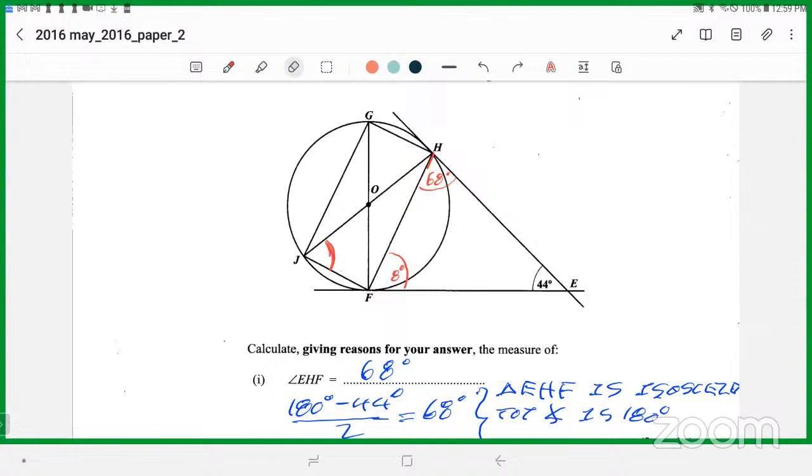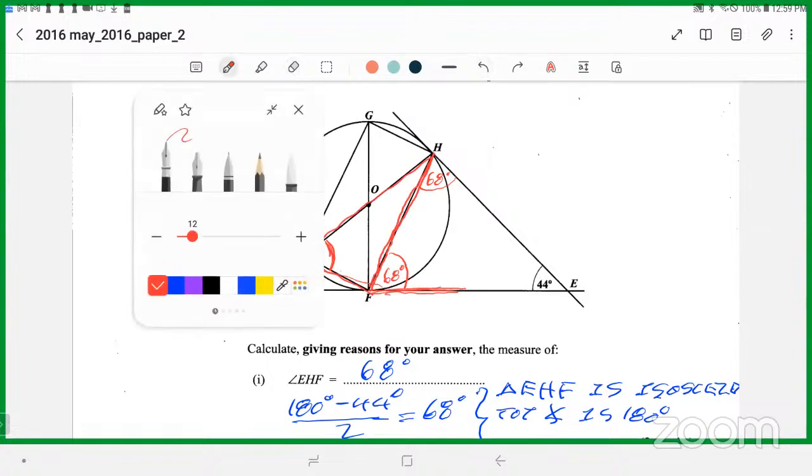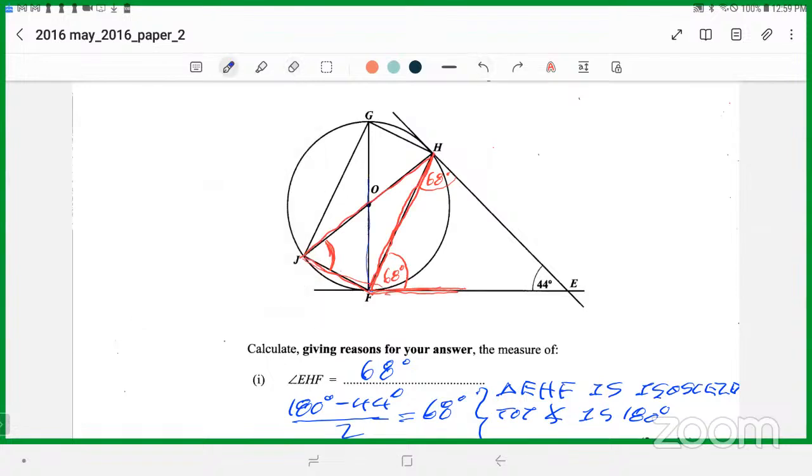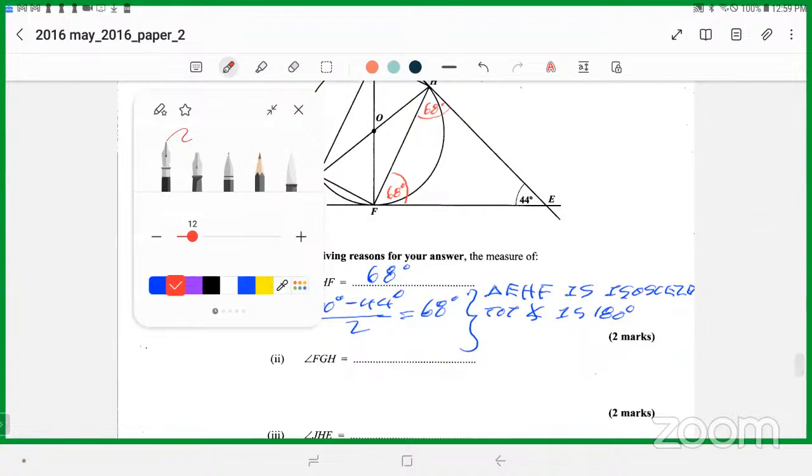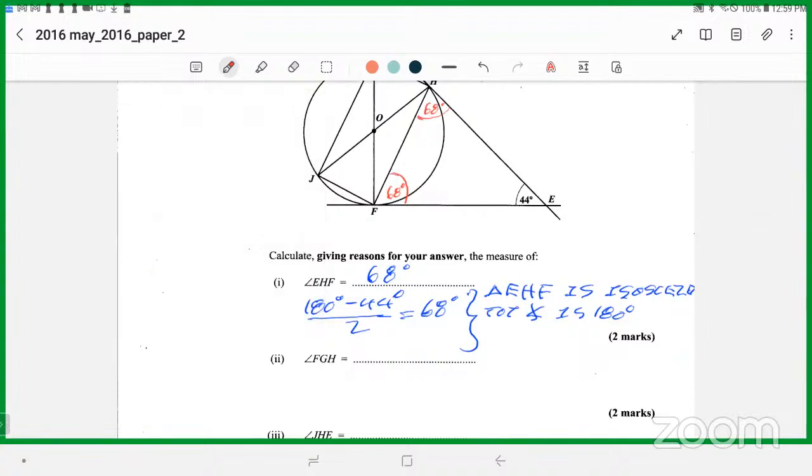Similarly up here is going to be 68. Tangent and chord rule. All right, so let's leave those two on the diagram. I'm just thinking ahead, and that's how you do the question sometimes, right? So I think ahead and see what you have.